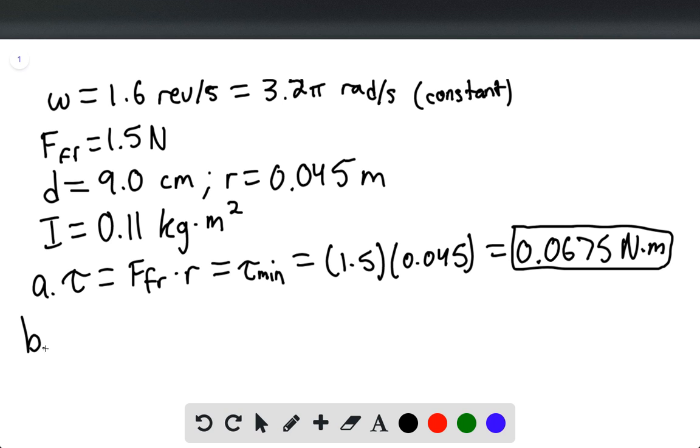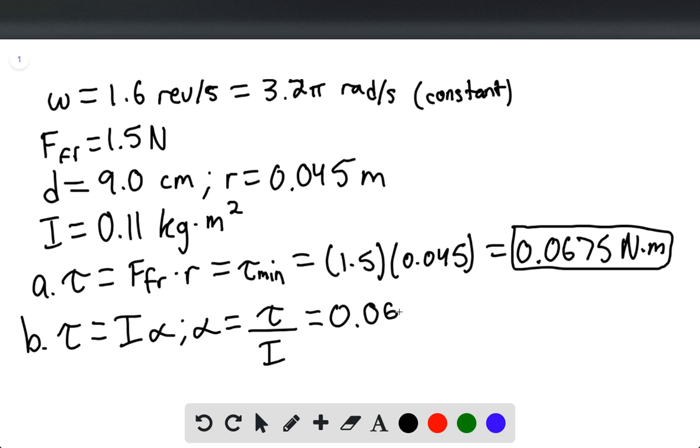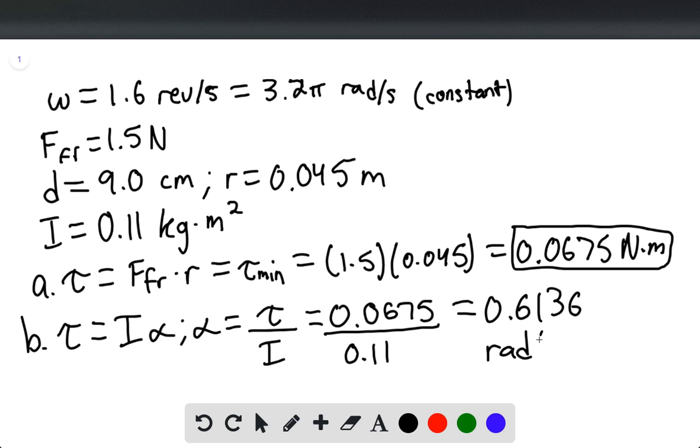And then part B, they're asking us, okay, how long will it take for it to stop given this torque? So torque is also equal to I alpha, which means that alpha is going to be equal to the torque divided by the moment of inertia, I. This is going to be 0.0675 divided by 0.11, and we find that this is going to be 0.6136 radians per second squared.